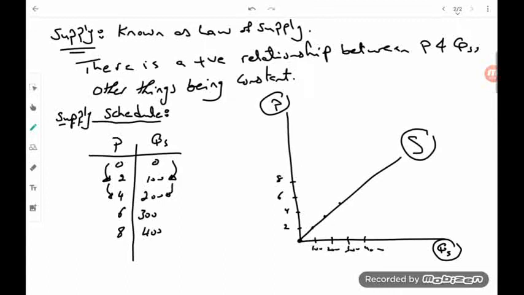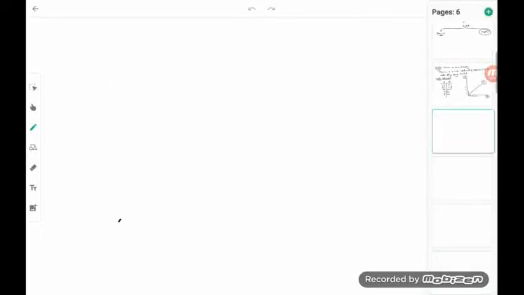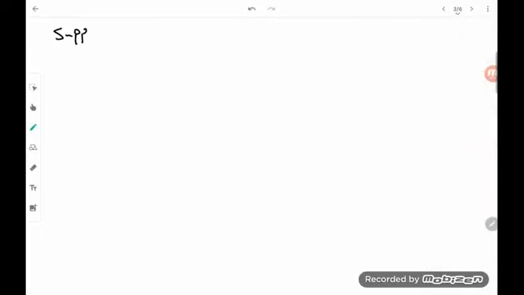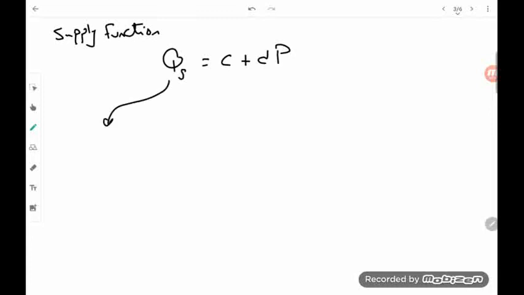The next way to represent the law of supply is using the supply function. We can write the supply function as QS, which is quantity supplied, equals C plus dP, where QS is the quantity supplied and it is the dependent variable.